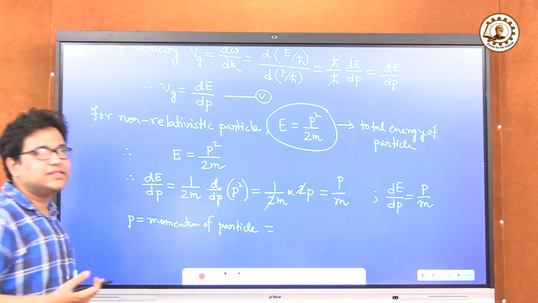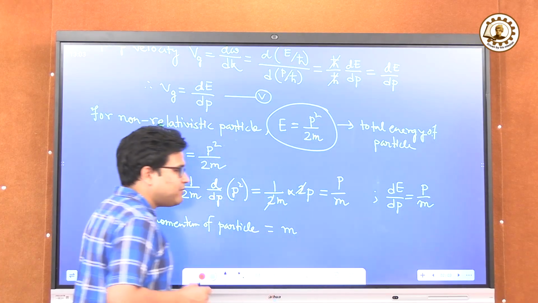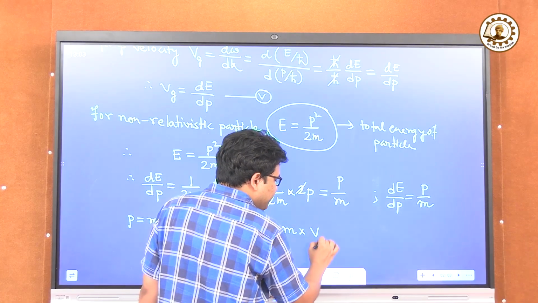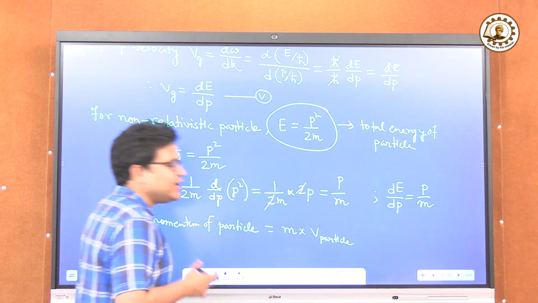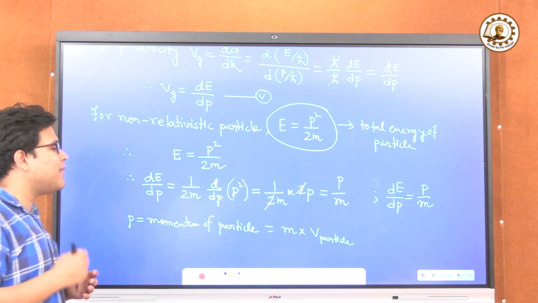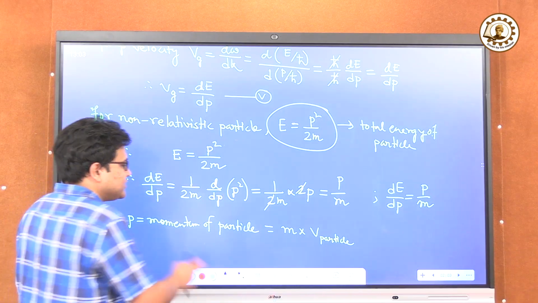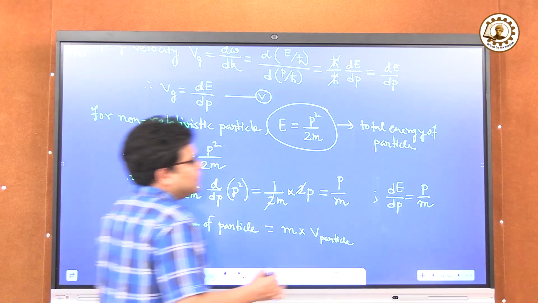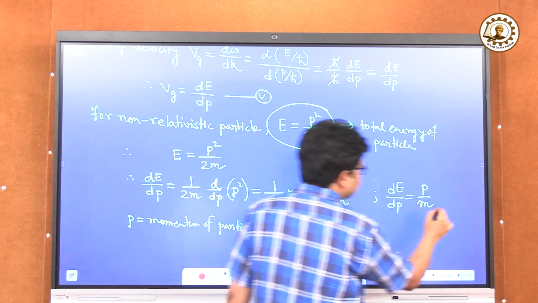The product of mass and particle velocity. So m is the mass of the particle, into V particle, the particle velocity, because we all know that the definition of momentum is mass times velocity. So I have to substitute this expression for momentum into this relation. This is our equation number 6.